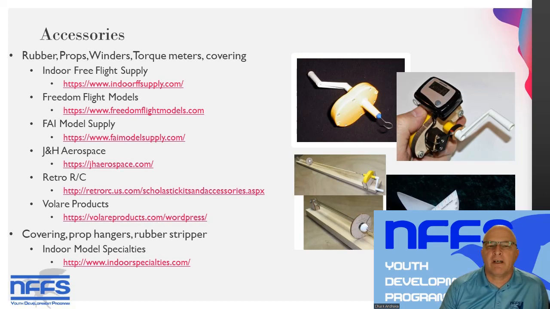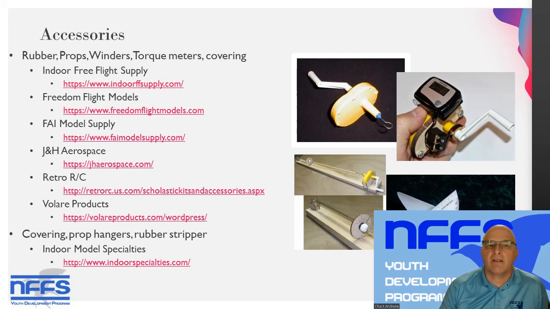FAI Model Supply is a good source for rubber. That's the only source. That's where everybody gets their rubber. These other companies will buy the rubber in bulk from FAI, and they'll cut it to your size. FAI's rubber will only be at stock sizes. But they also usually carry the IKEA props, some prop hangers, and so forth.